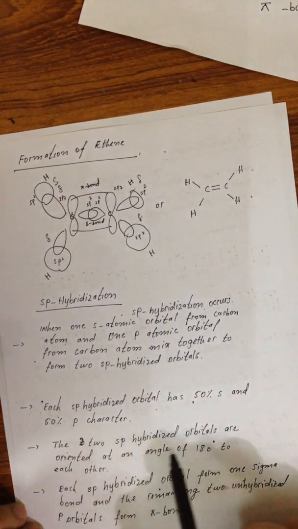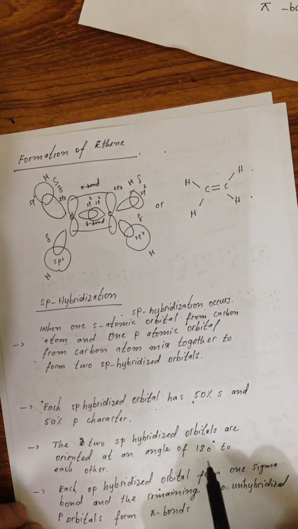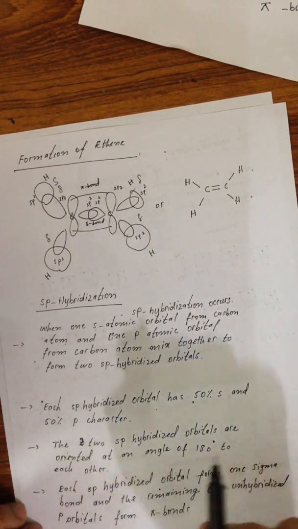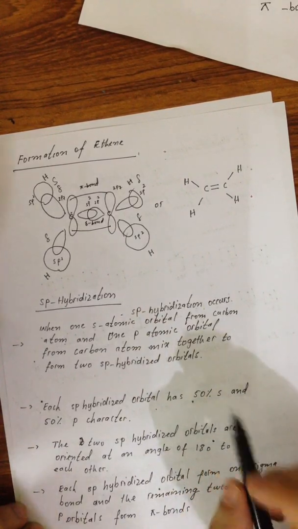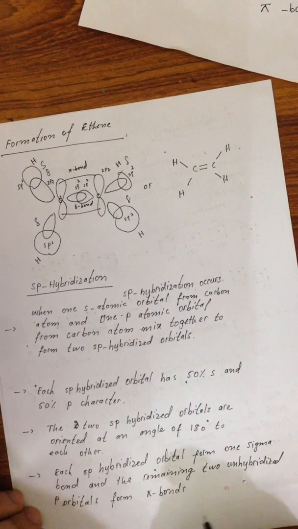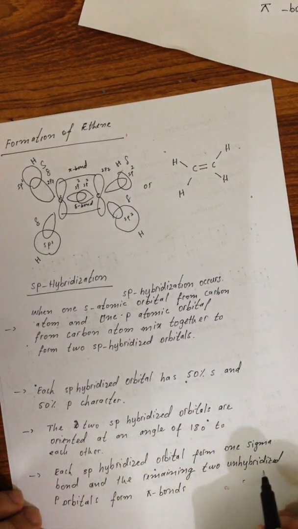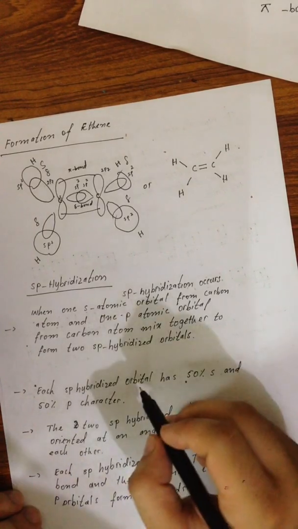The two sp hybridized orbitals are oriented at an angle of 180 degrees to each other. Each sp hybridized orbital forms one sigma bond, and the remaining two unhybridized p orbitals form pi bonds.